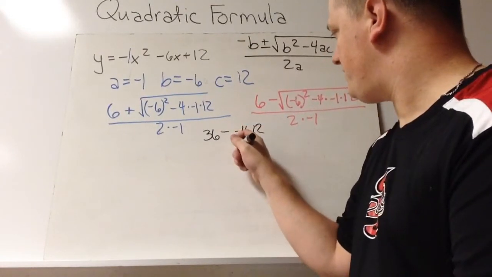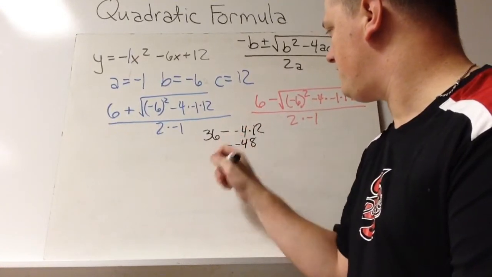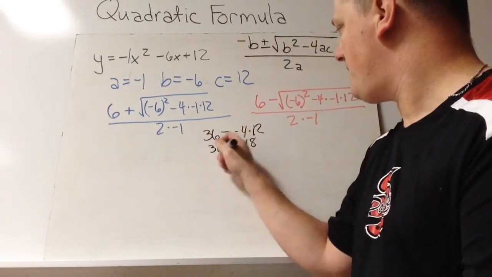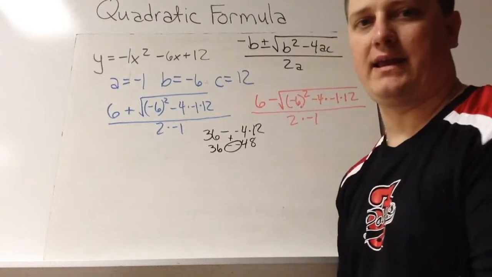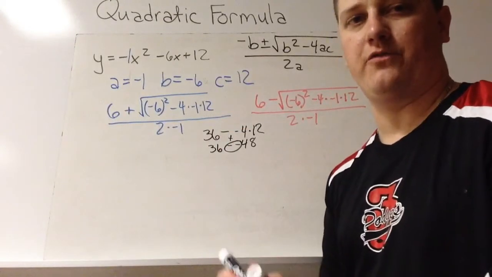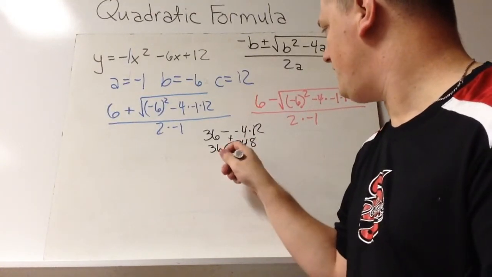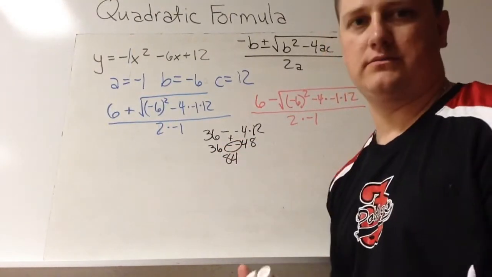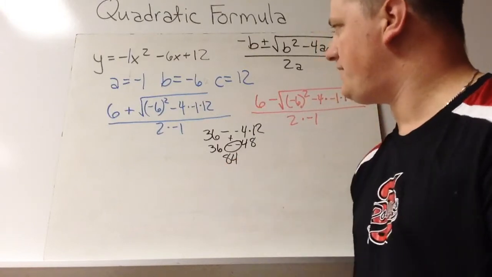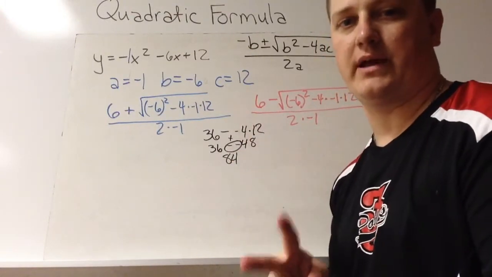Negative 4 times 12 is negative 48. Still got a minus sign, 36. Minusing a negative is really adding. So I have 36 plus 48, which is 84. Okay, so there's my discriminant. It's positive. There are two answers.